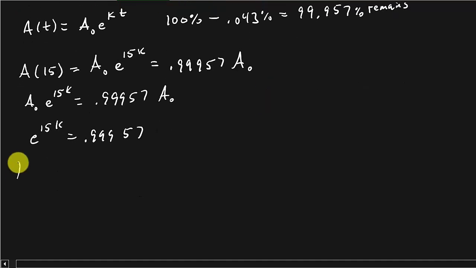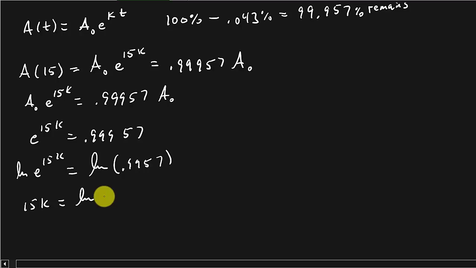And so we take the natural log of both sides. e to the 15k equals natural log 0.9957. So 15k is equal to natural log 0.9957.